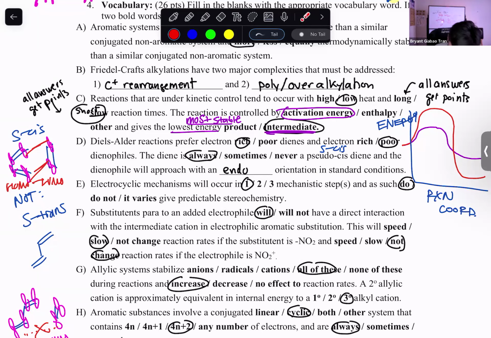It's usually going to go for the endo product. So if it said high temperature conditions, then thermo. Yes, if it said extreme high temp conditions, then it would be a thermodynamic product, and you would put exo orientation. You would put exo.